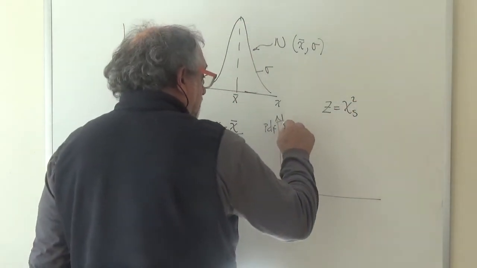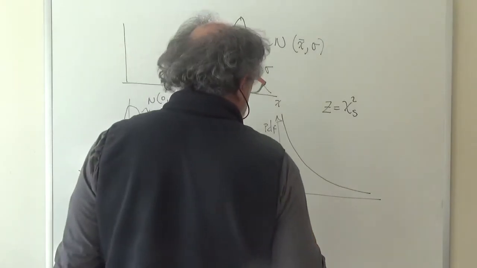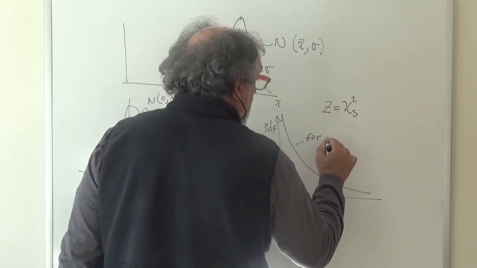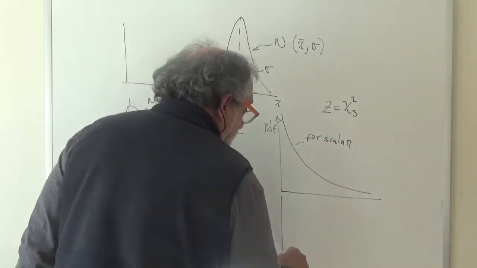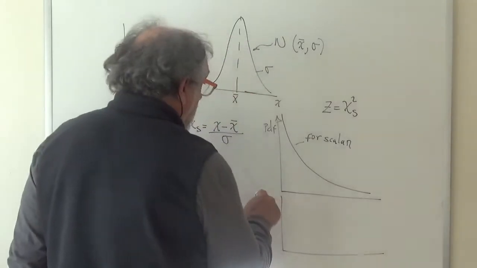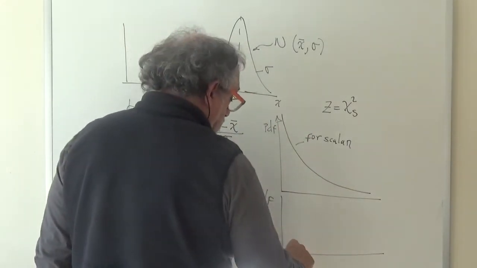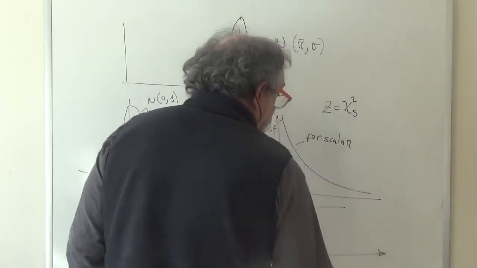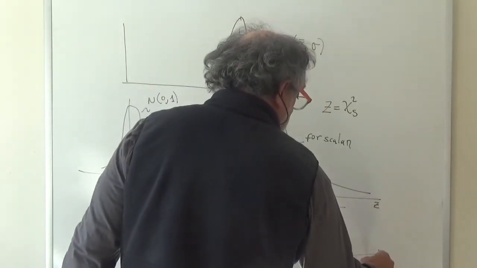And so that will have some sort of PDF, which for 1 degree of freedom, for a scalar, looks like that, right? And it has a certain CDF, that is cumulative distribution function, which is the integral of this, right? Which is maybe something like this, right? That's the CDF, this is Z, this is Z.